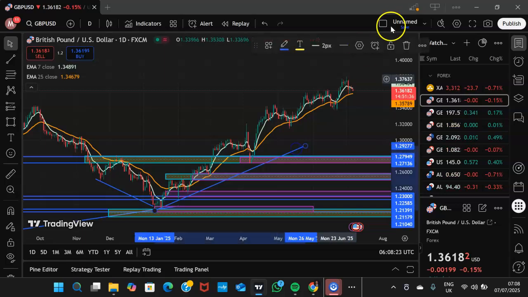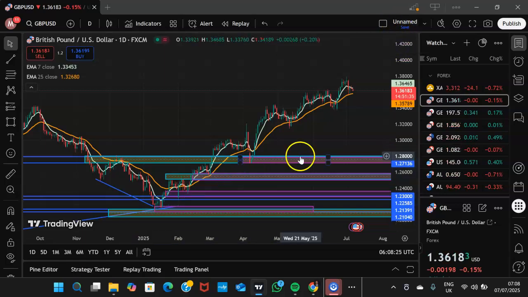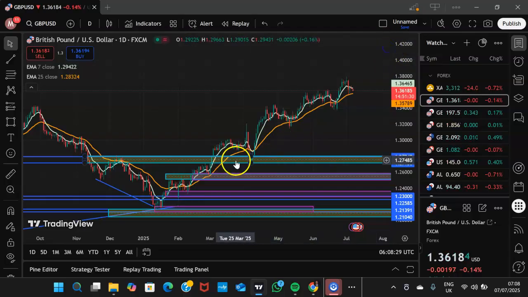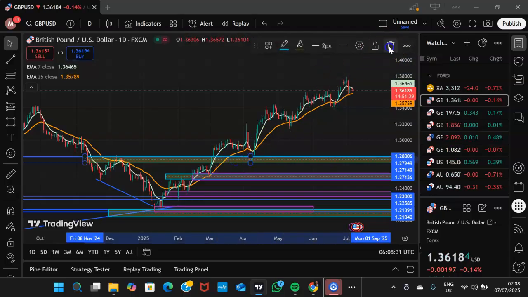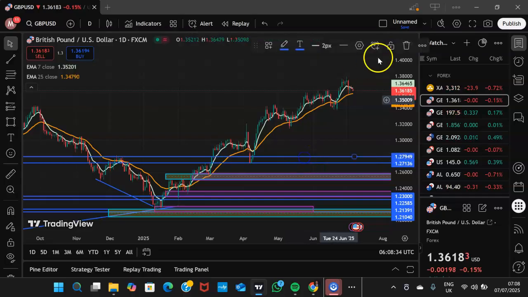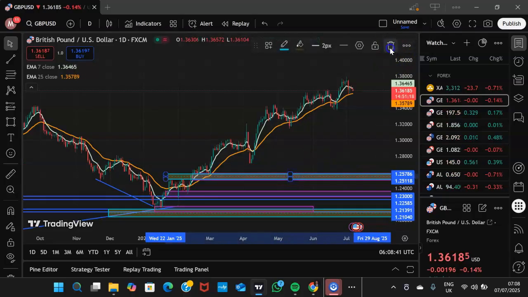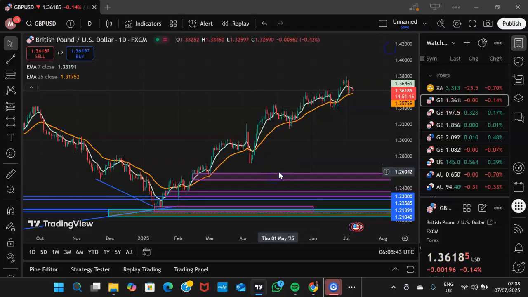Supply is relative to a downtrend move, and demand is relative to an uptrend move. So we look for demand in bullish trends, hoping to buy the demand, and we look for supply in bearish trends, hoping to sell the supply.